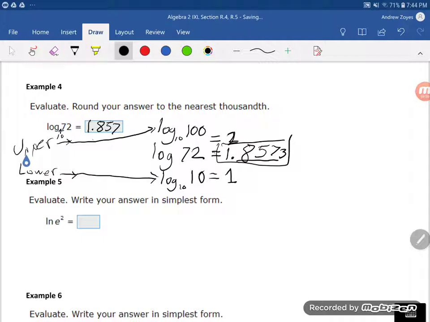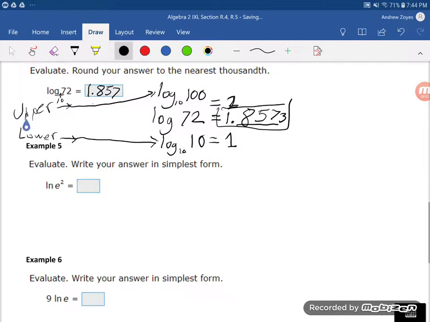Okay, next one. We can type this into our calculator, but you should try to solve this mentally by asking the question that we've been asking for our previous logarithms. That is, the base of this needs what exponent to equal this? Or in other words, the base of ln, e, needs what power to equal e squared? When you think about it like this, it's pretty straightforward what needs to be in the blank.